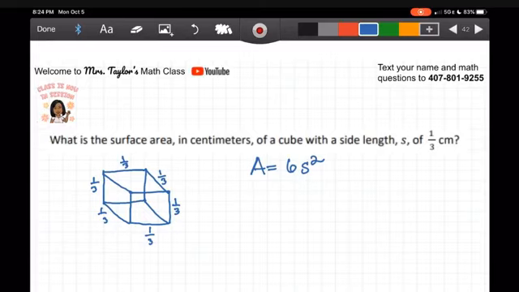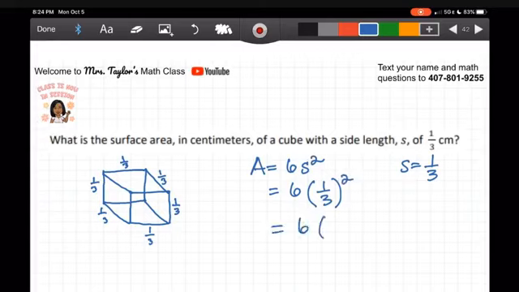So if S is equal to 1/3, then you're going to say 6 times 1/3 squared. And you get 6 times 1/9. And this is going to be 6/1. So you can say this is going to be 6/9.